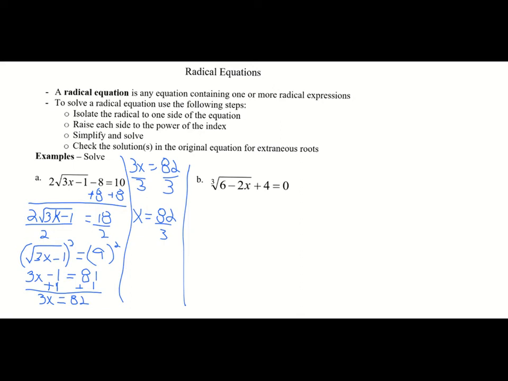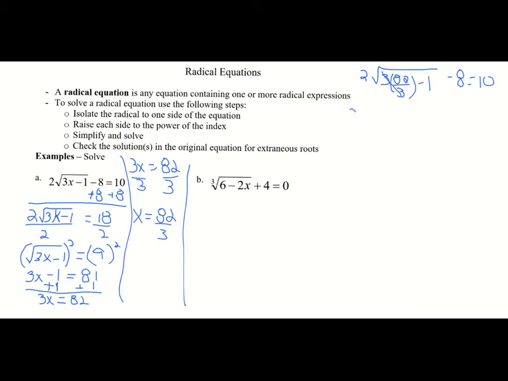So I'm going to come over here and work it out. I'm going to have 2 times the square root of 3, and instead of x, I'm going to plug in my 82 divided by 3 minus 1, and then outside minus 8 equals 10. The nice thing here is in that radical, we're going to do the work under the radical first. It's like the parentheses. Those 3's will cancel out.